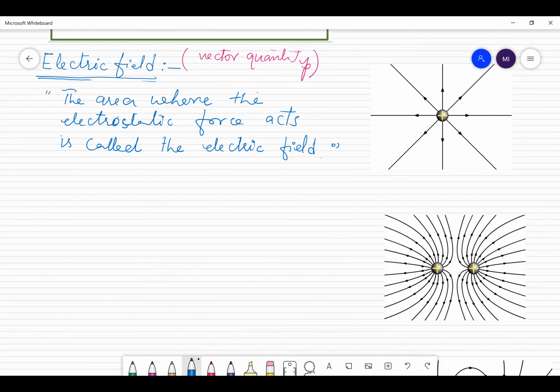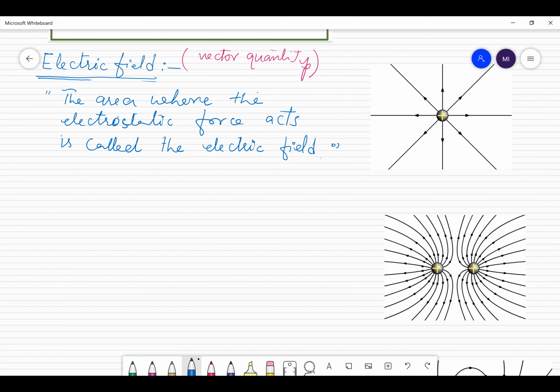Now let us see why we need the electric field. If you remember, I told you that electric charge is the natural or intrinsic property of a charged particle, which causes the electrostatic force of attraction or repulsion, depending on the type of the charge.